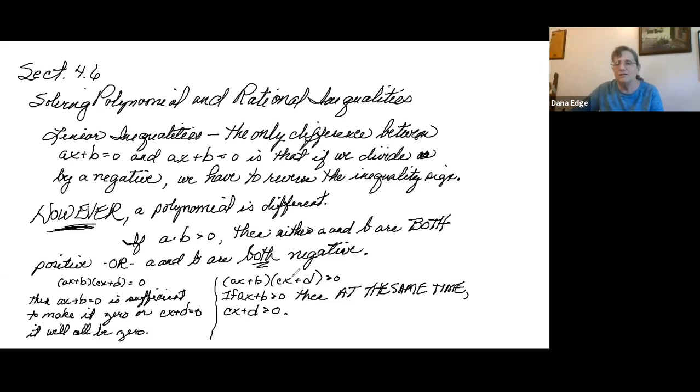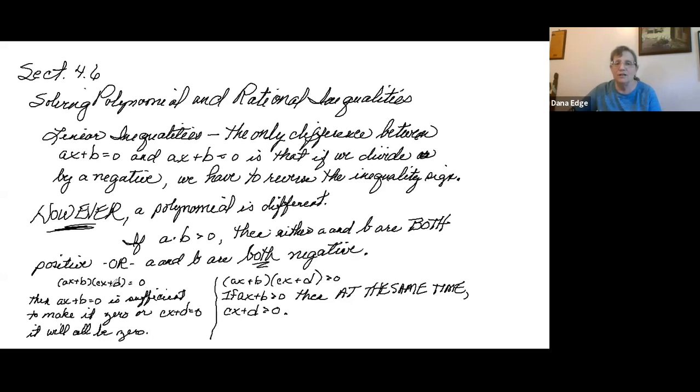For two things to multiply together and be positive, either they have to both be positive or they have to both be negative. You can't split this up into two separate, unrelated equations like you can over here.